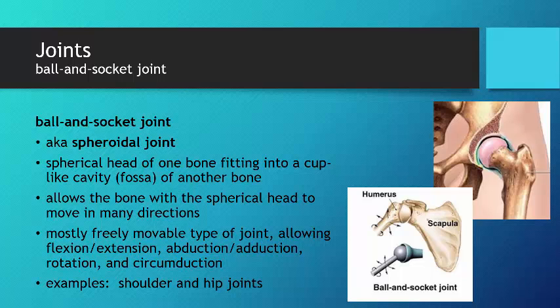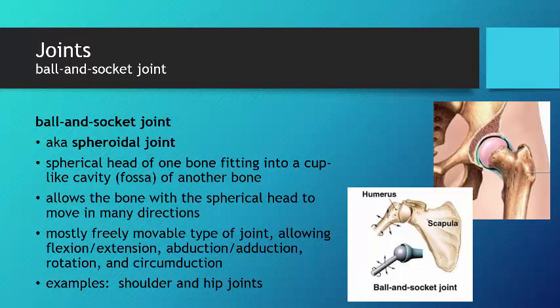The spherical head can move in many directions, and these ball and socket joints are the most freely movable of all the types of joints in the body. They allow flexion, extension, abduction, adduction, rotation, and circumduction. So we can do lots and lots with our ball and socket joints.